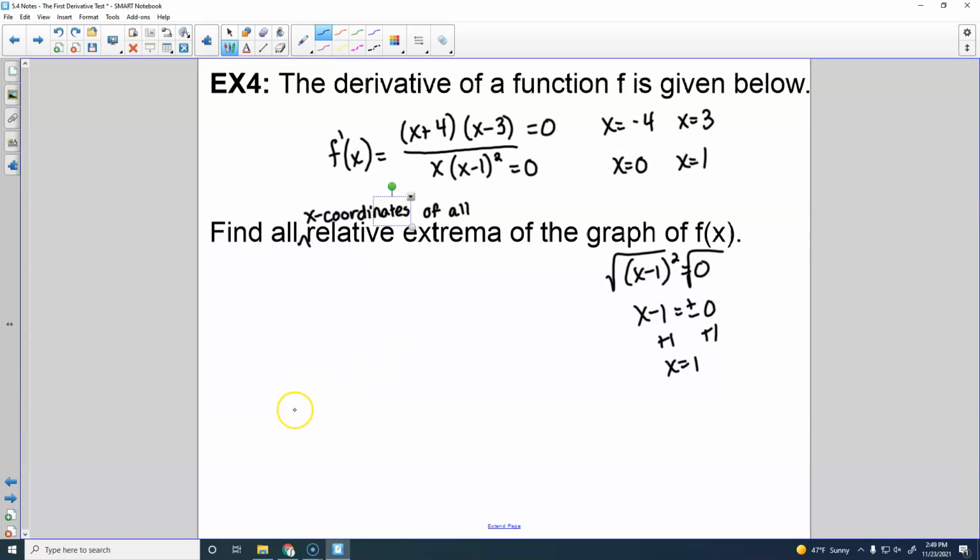So we're going to put this on our chart. We're going to have -4, 0, 1, 3. And this is one where it's very helpful to use the chart.